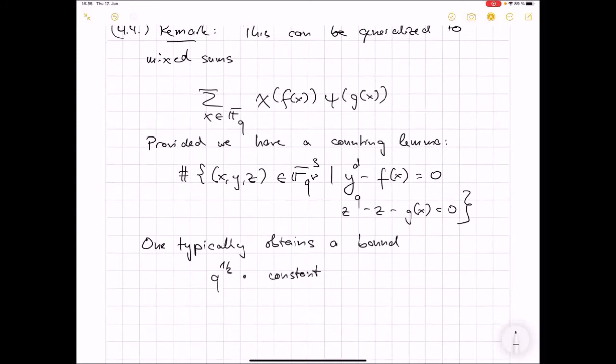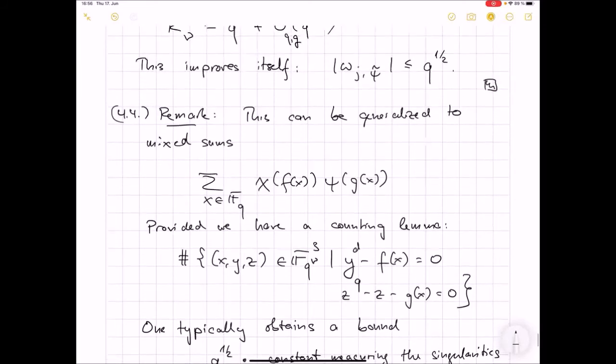And now, of course, what is this constant about? A constant somehow measuring the singularities, which is poles and zeros. We will later see this when we look at Kloosterman sums.